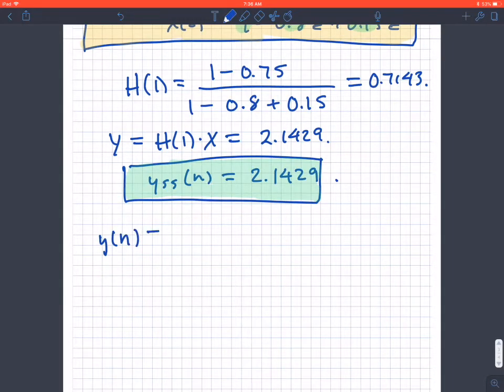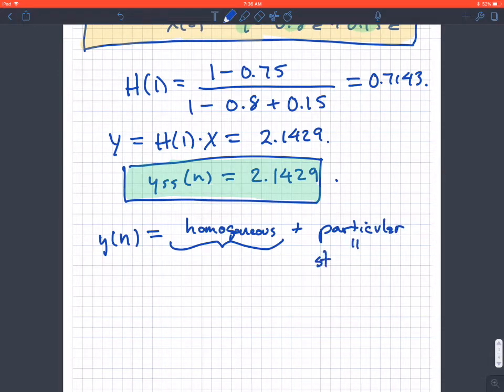So remember, the total solution is going to be the homogeneous solution plus the particular solution. Sometimes I use the word steady state solution to mean particular solution, and that's going to be true for all stable systems. Steady state.